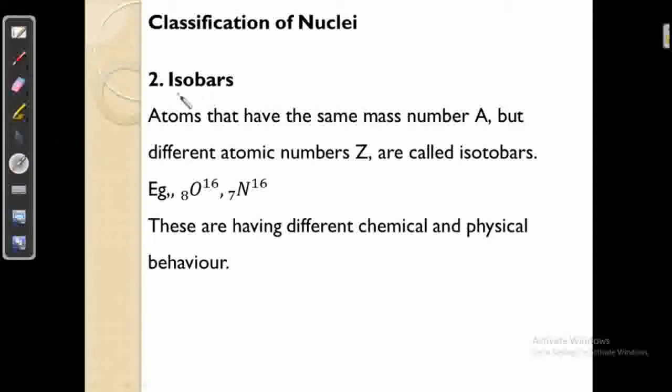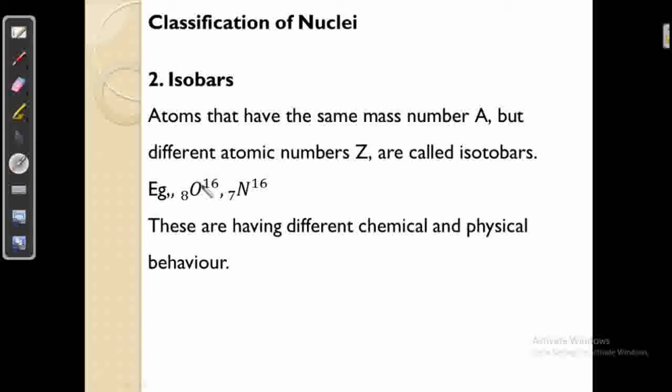The next thing is the isobars. Isobars and isotopes are just opposite. Here the mass number is the same but the atomic number is different. Atoms having the same mass number and different atomic numbers are called isobars. Examples: oxygen 16 (atomic number 8) and nitrogen 16 (atomic number 7).